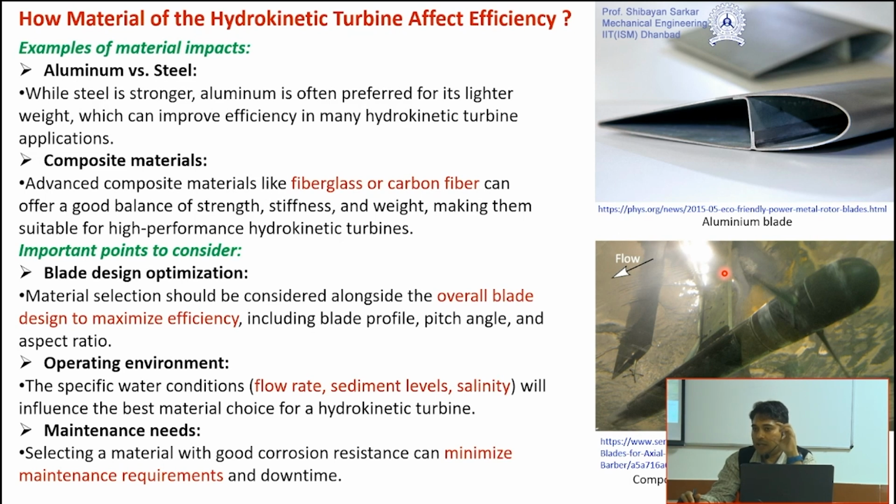You can tell that in a particular day, how much of the time I can ensure that much amount of water is present in my river, so that I can go for the design of this particular turbine. So this is a small scale data analysis. If you are going for higher scale data analysis, then you have to consider the whole year's data.